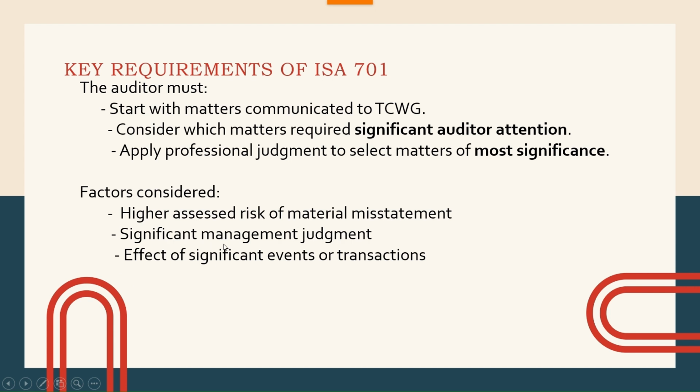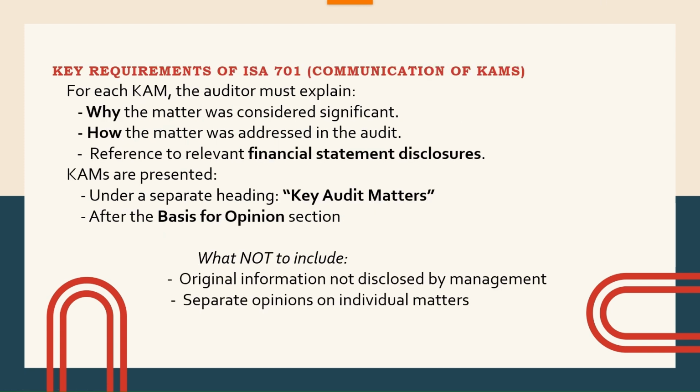Auditors select the most significant matters based on risk, judgment involved, and major events or transactions that impact the audit decisions. For each key audit matter, the auditor explains why it is significant and how it was addressed during the audit. References to the financial statement disclosures are included.